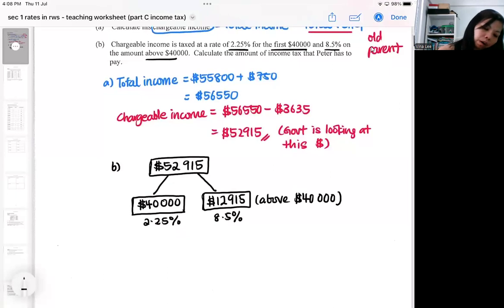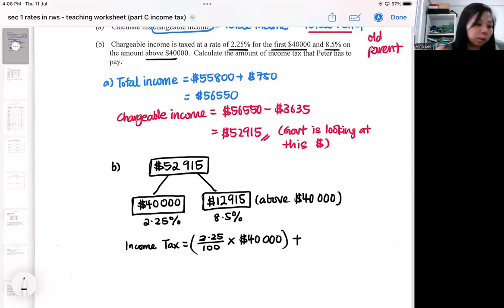Okay, so how are we going to calculate the total income tax? You use the first basket: 2.25% times 40,000. So from the first basket, calculate the 2.25%. From the second basket, you calculate the 8.5%.